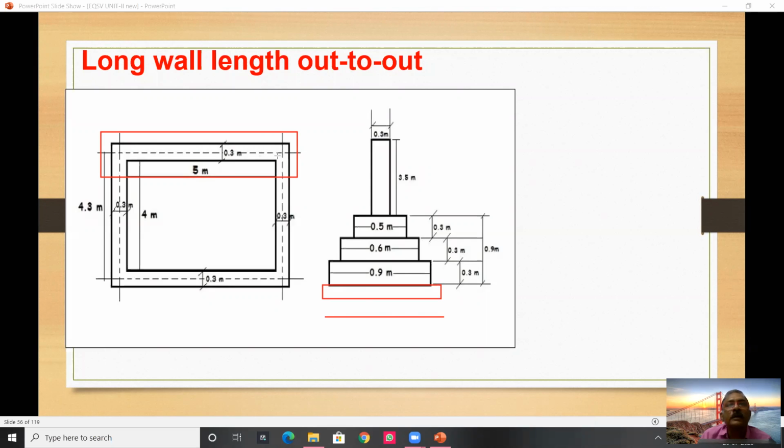So 1.2 by 2 is 0.6 on each side; the total is 5 plus 1.2. So 6.2 meters is your foundation width out to out. In this way, you have to calculate, and I will explain in detail in a further problem.